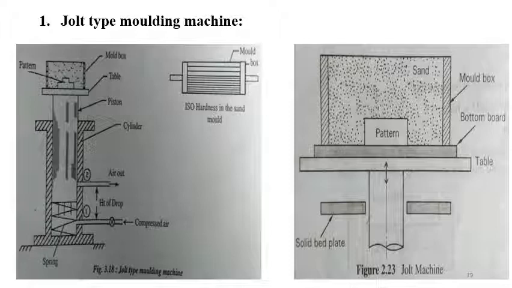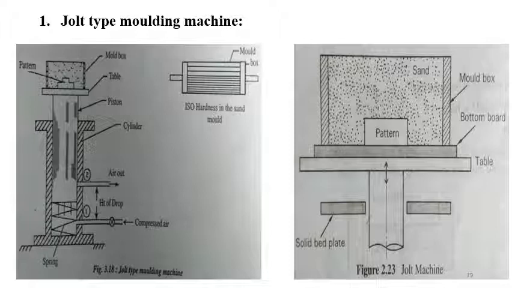It is a very simple mechanism, not complicated. Only the piston moves upward and downward with the help of air compression. The main concept is that sand is tightly packed around the pattern.